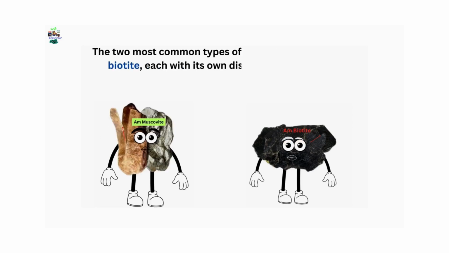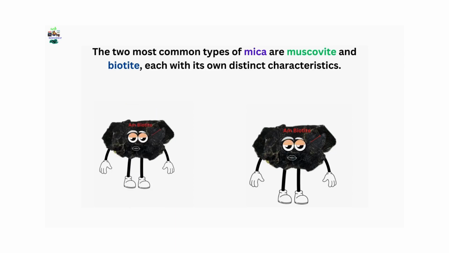Okay? The two most common types of mica minerals are muscovite and biotite, each with its distinctive physical characteristics.